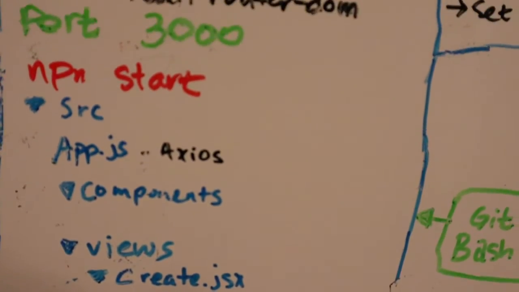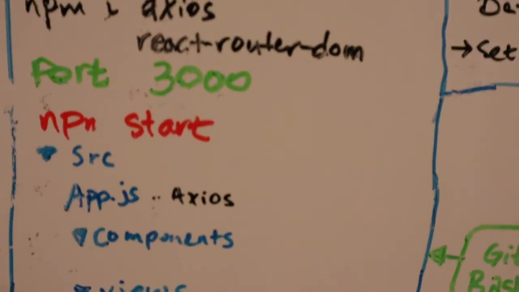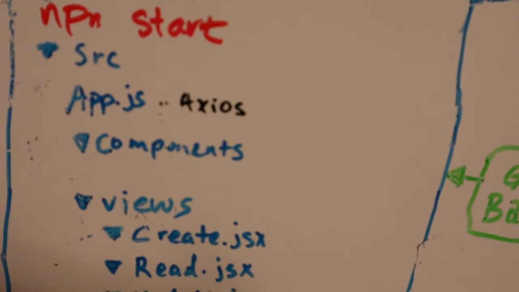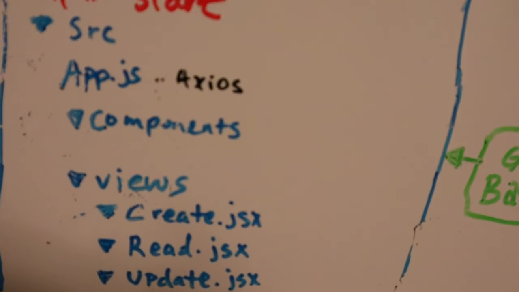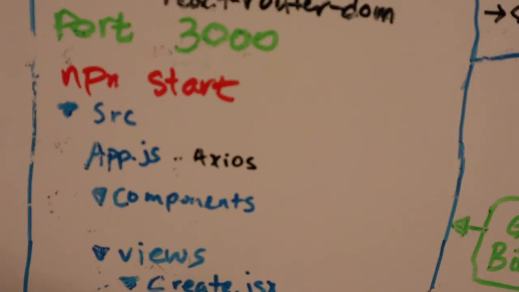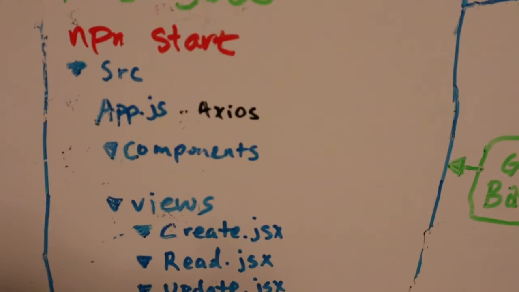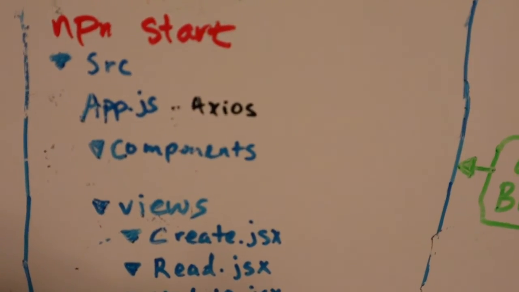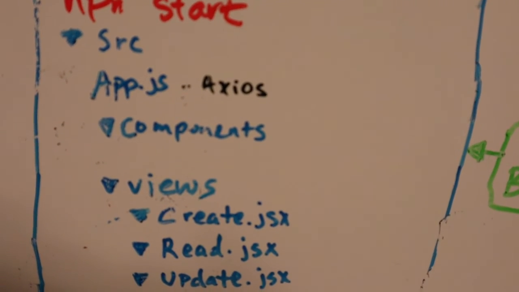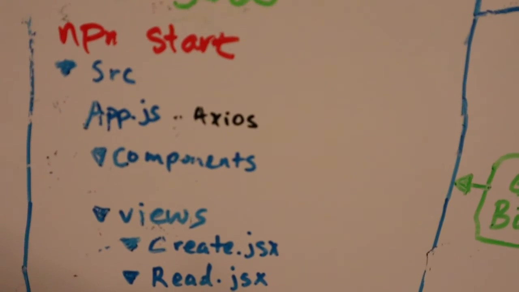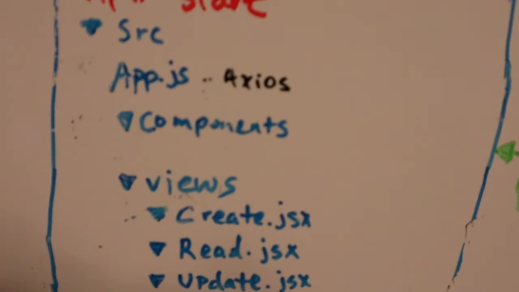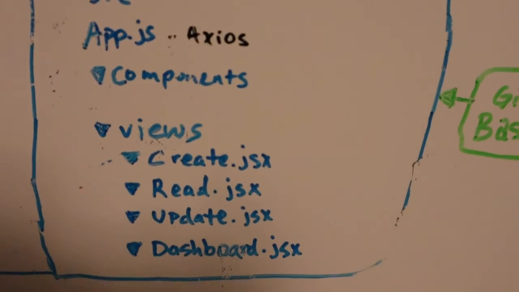And within the React app, when you open src, you should see App.js. App.js is the file that you would modify, you know, to change how the front end would look.